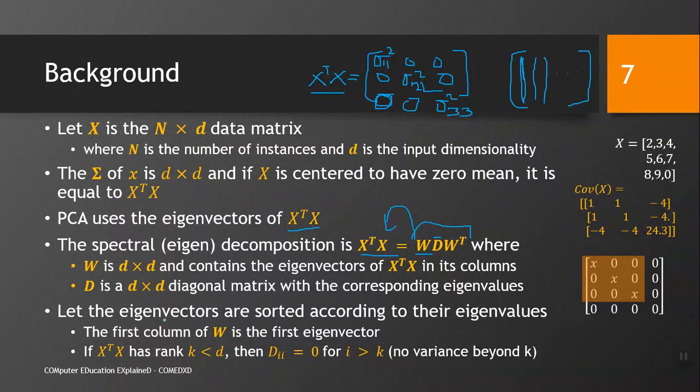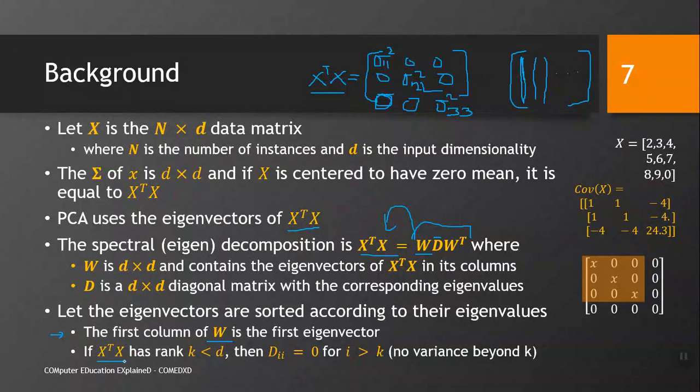In that way, the first column of our matrix W would contain the first principal component, which is the highest one. Then there is the second highest and third highest and so on.